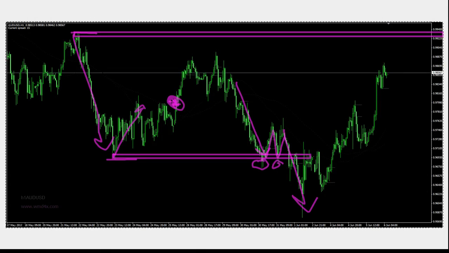So if we're looking at Aussie at the moment, she's coming up now, and here's the previous high around the 99 area. You cannot assume that just because it was a previous high before, the price has to stop there.